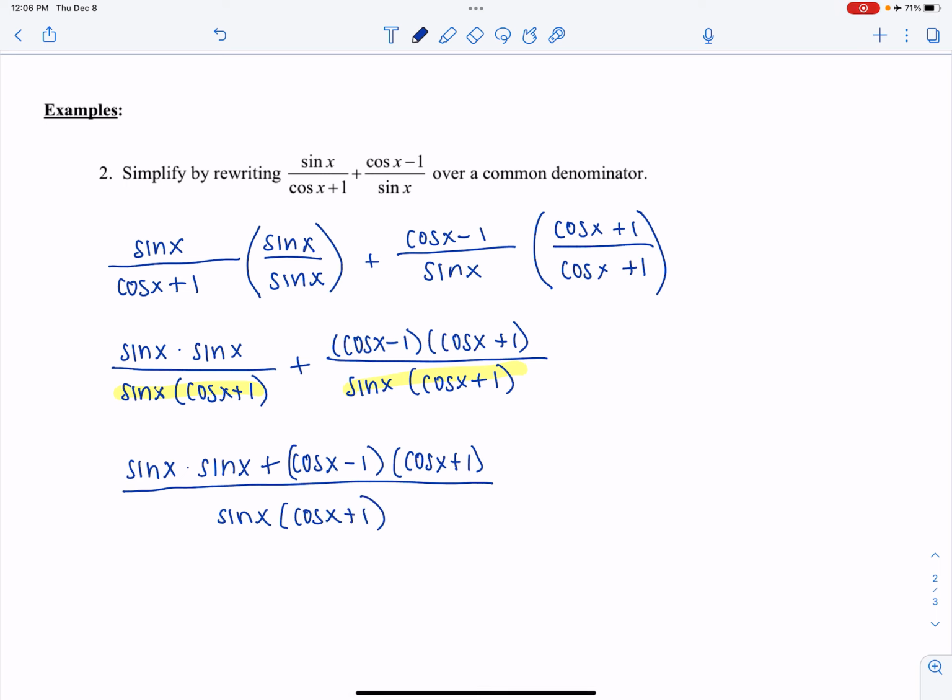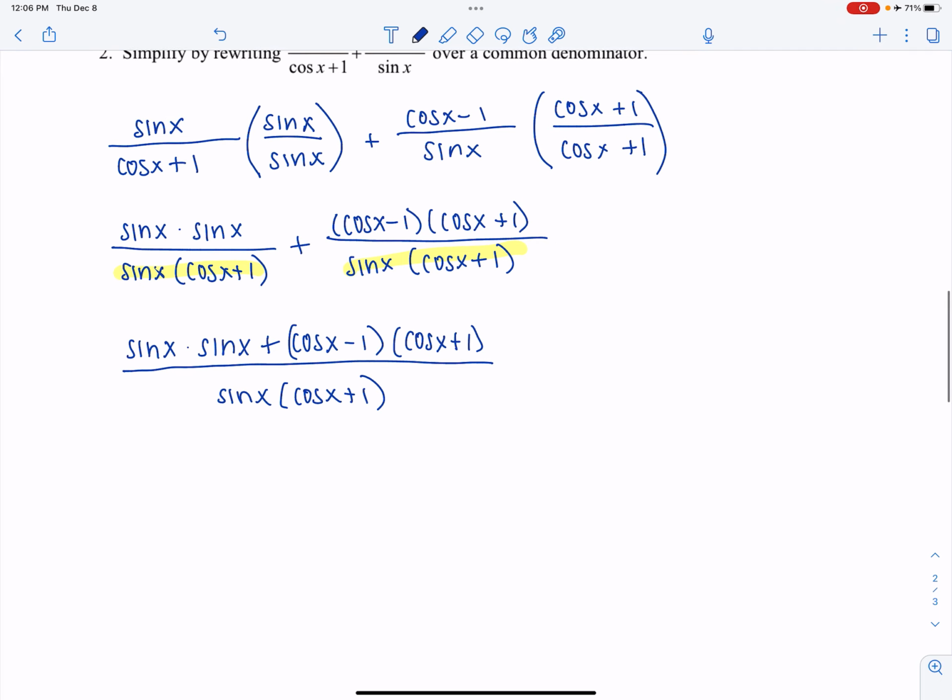Okay, now let's simplify so that way we know what we're doing. So I'm going to simplify this one first. Sine of x times sine of x, I know, is sine squared x.